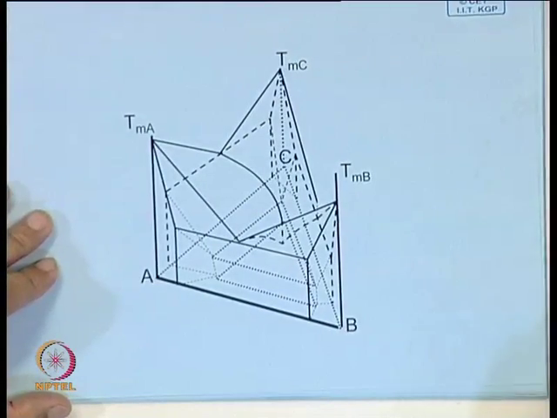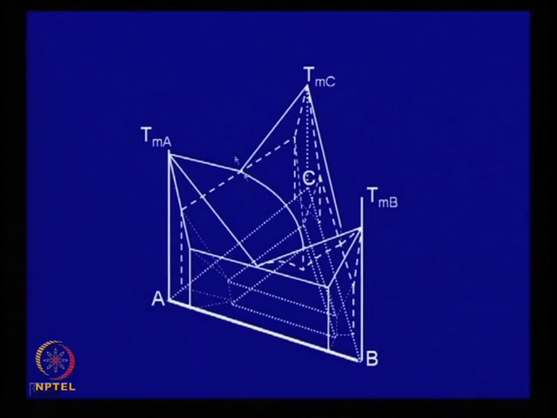Now, let us look at the nature of this diagram. These are the 3 axes. Here you look at, this is the liquidus surface which is coming down from that melting point.